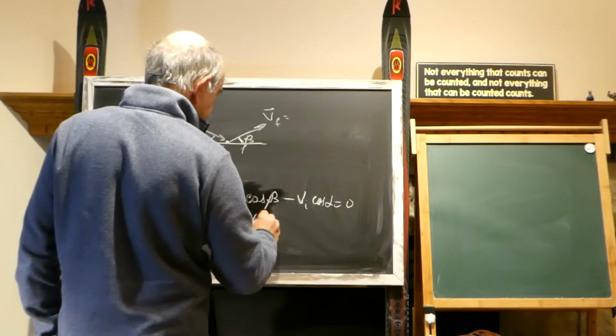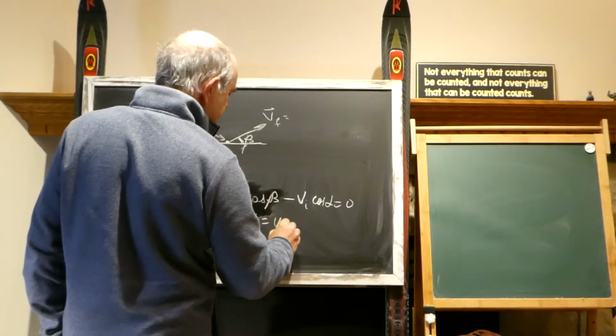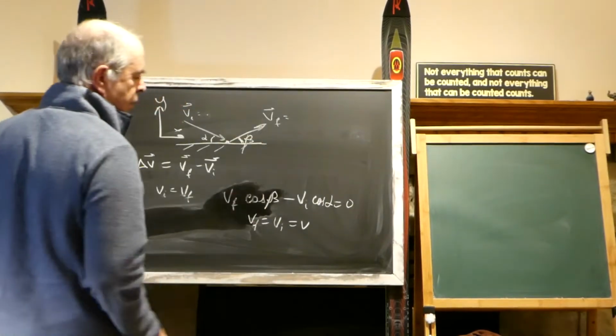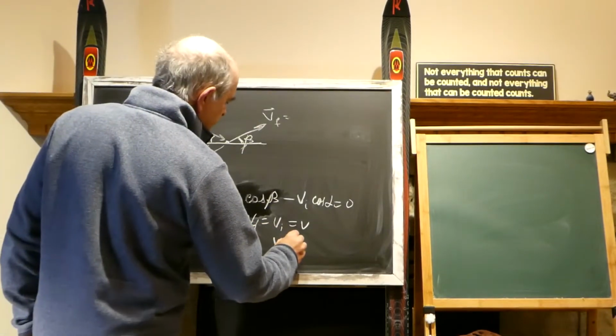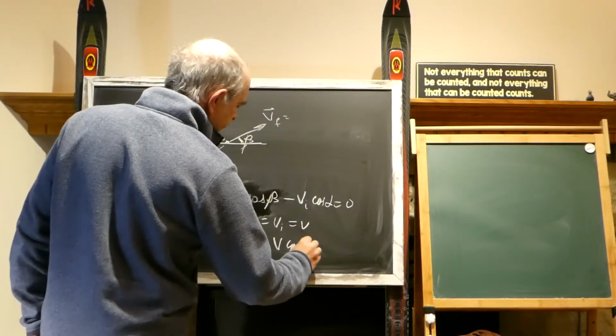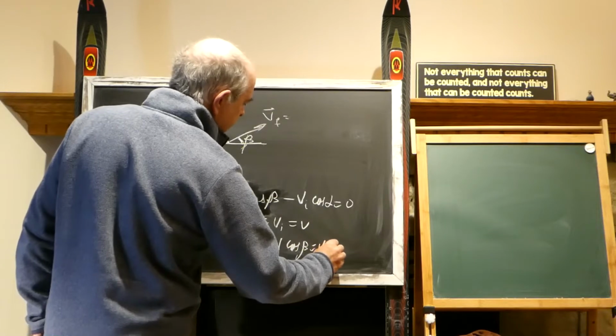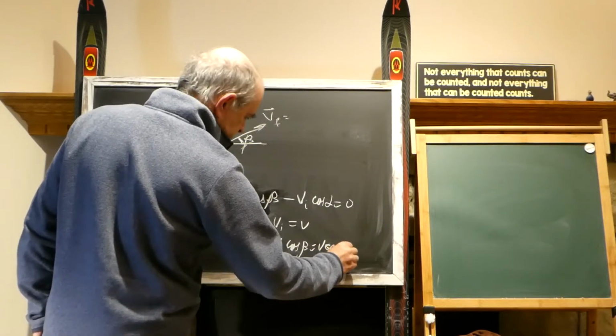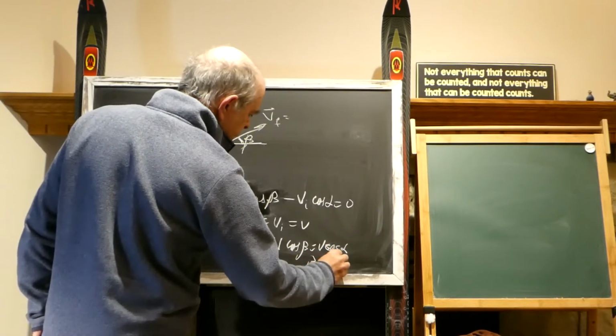And v final equals v initial equals v. So we will have v cosine beta equals v cosine alpha, and finally we have that beta equals alpha.